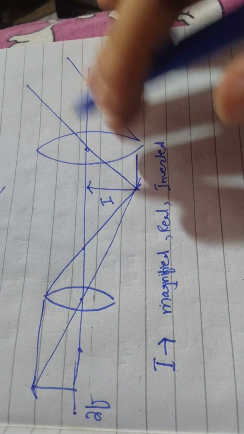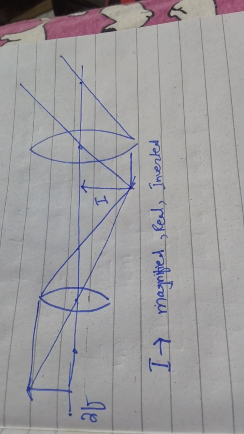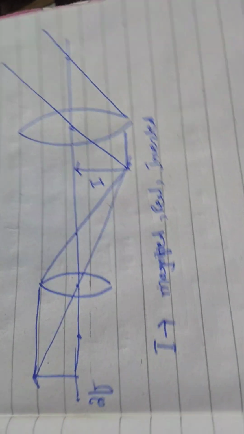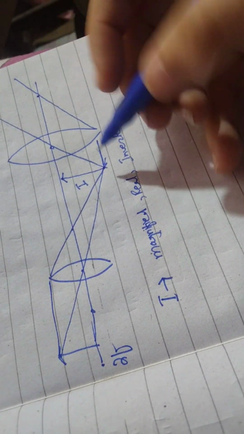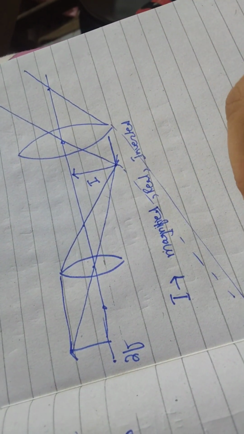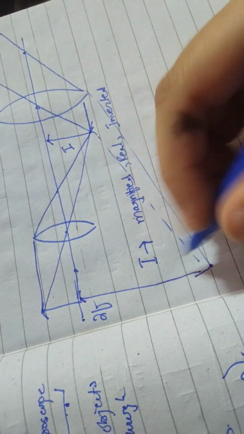These lines will meet at infinity, but as you can see, the distance between the eyepiece and the lens is very small. We don't have any kind of infinity over here, so we will try to converge them. At a point, we'll converge them, and the image will be formed over here.